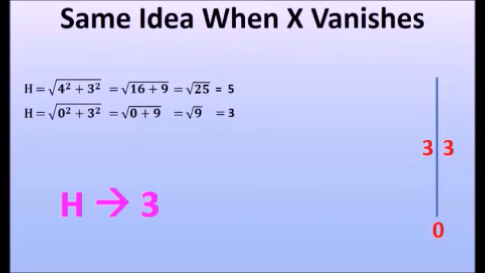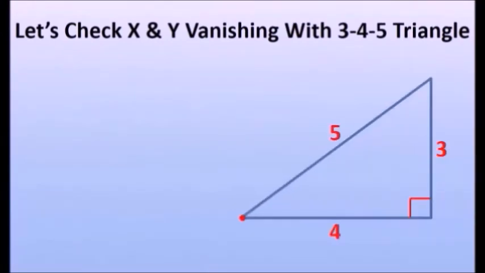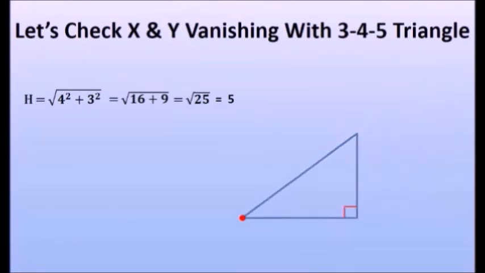Now, let's see what happens if both x and y collapse to a 0 length at the same time. We start again with our 3, 4, 5 right triangle and our formula for that. This time, we collapse both x and y together, like this. Our triangle is now degenerate in both directions and is just a point.